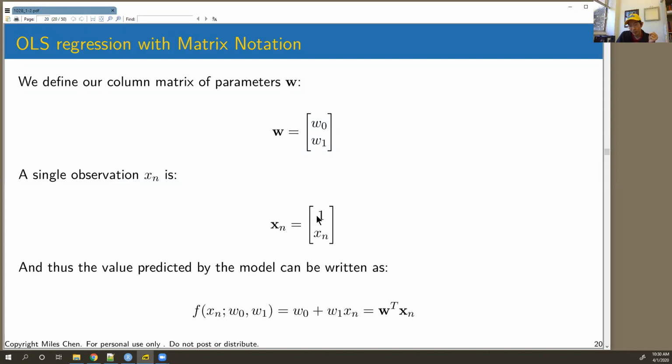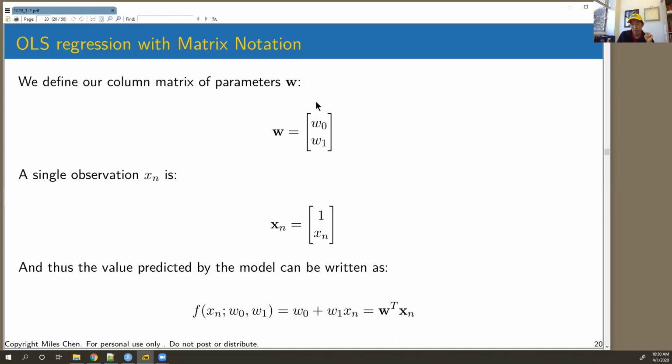If I didn't include this 1 here, the terms wouldn't match when I try to multiply them together, okay? But by including the 1, I can say W transpose. You can imagine taking W and making it 1 row, 2 columns, W transpose, (w0, w1), times (1, xn), which is going to multiply to w0 plus w1 xn, okay?